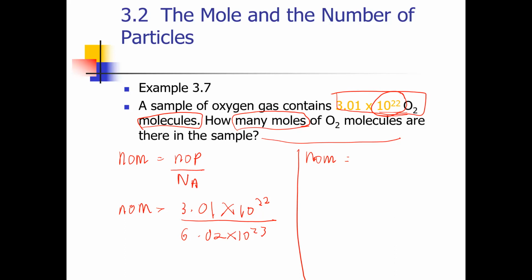Anyone getting 5 times 10 to the power of negative 46? Teacher, I got 5 times 10 to the power of negative 44, not 46. 44, okay. That means you're using your calculator wrongly.